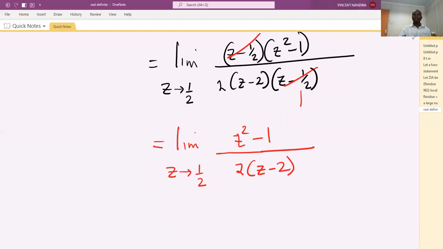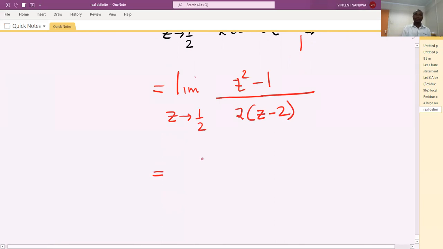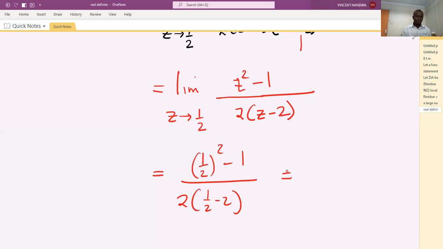So now direct substitution should work. So this will be a half squared minus 1 over 2 into a half minus 2. Half squared is 1 over 4. 1 over 4 minus 1 is minus 3 over 4.